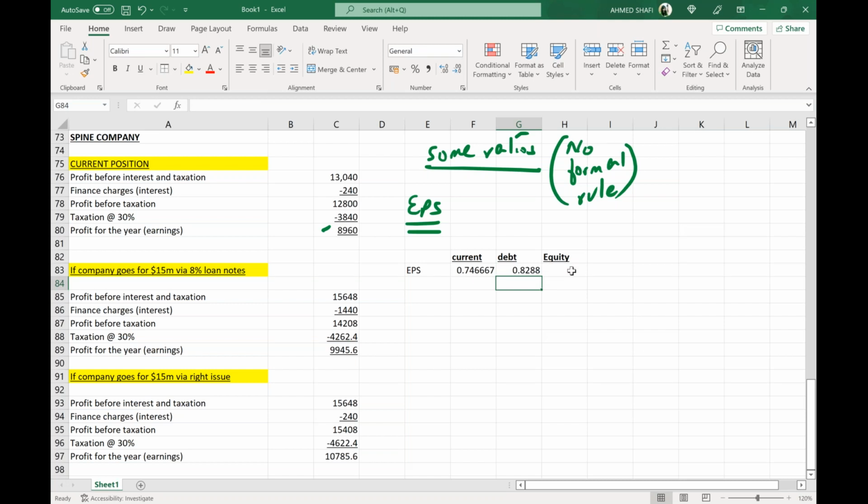But EPS under the equity option: what is the PAT under the equity option? 10785.6. Minus preference dividend 0. Divided by the number of ordinary shares. Equity increases the number of ordinary shares. You have 12,000 shares.